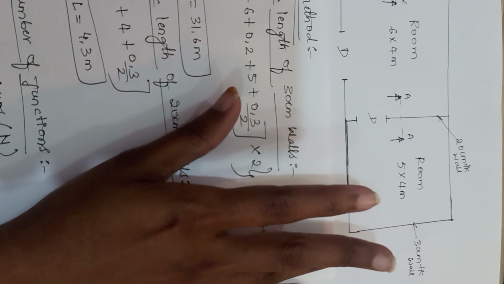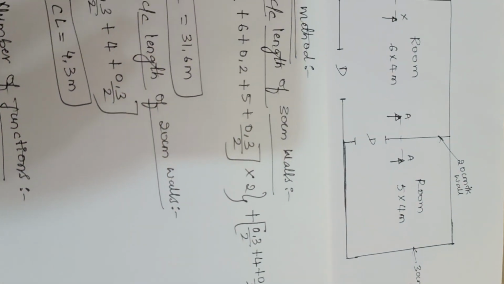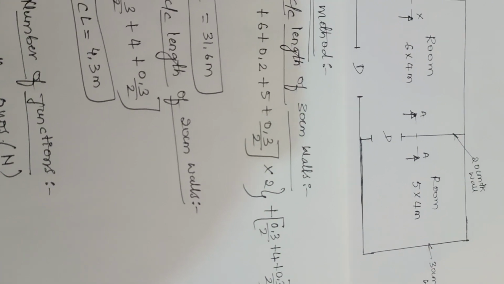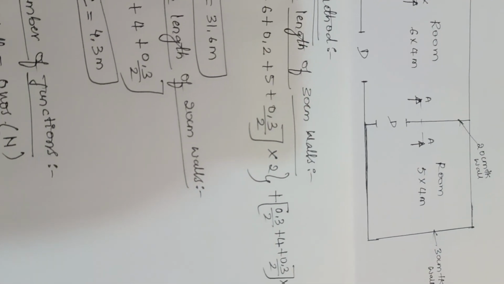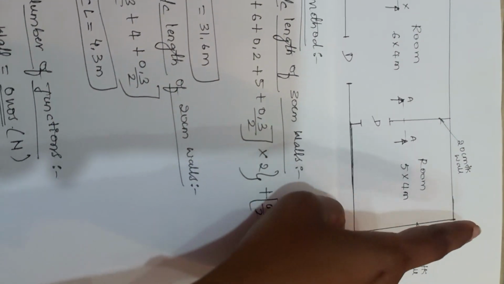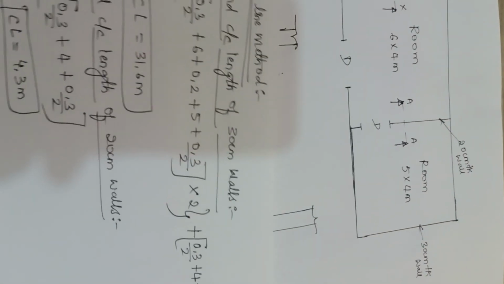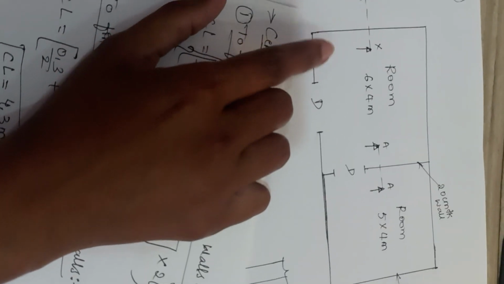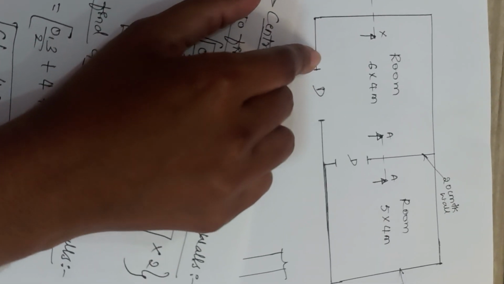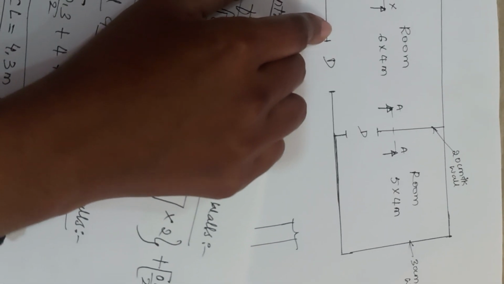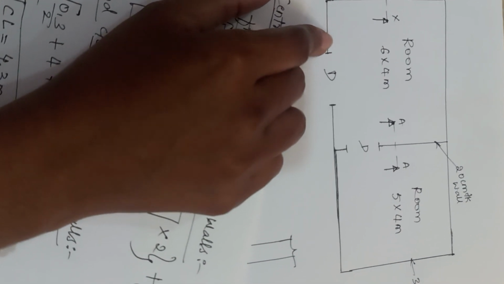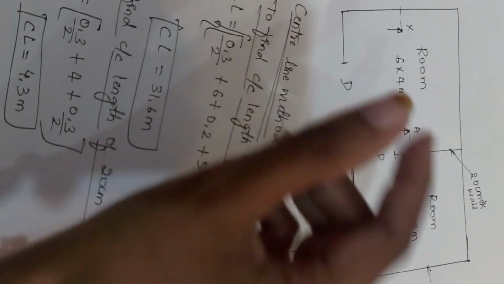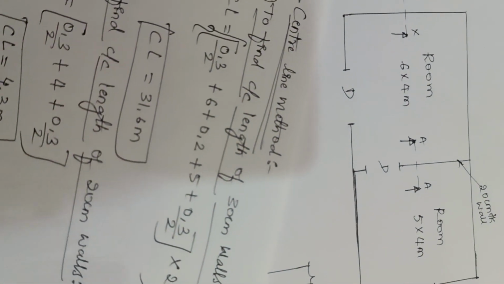As you all know, a junction is nothing but the point where two or more walls coincide at that particular point. Here, as you have four corners for the plan, if all four corners have 30 centimeter wall thickness, as this comes in L shape, we don't get a junction. We will get a junction only if we have a T shape or a plus shape of coincidence between any two walls.